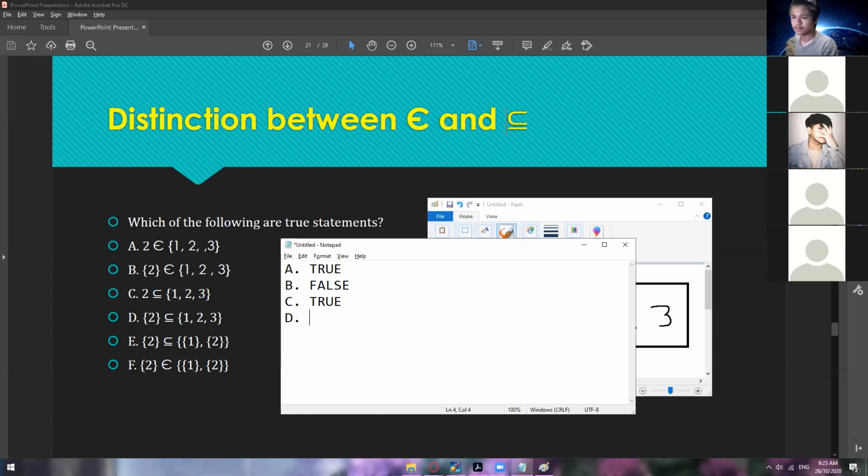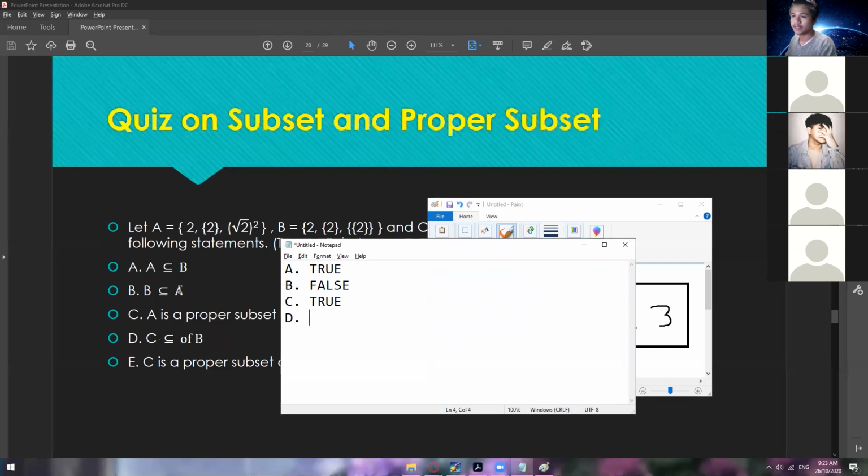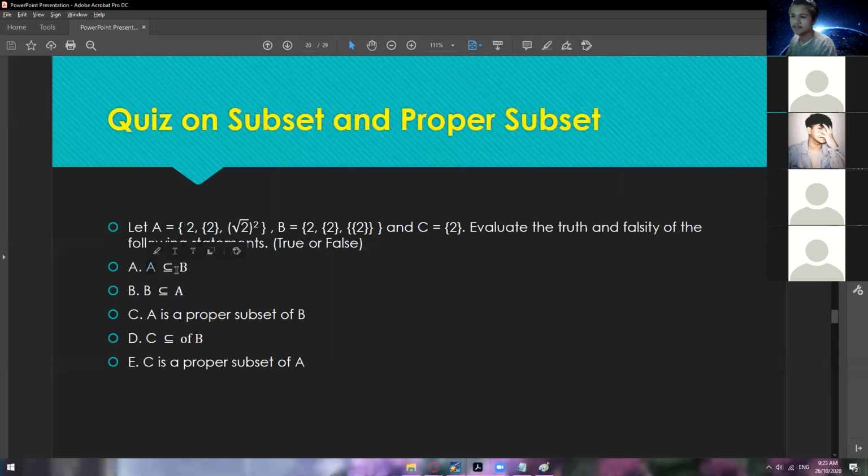False. So set 2, true na siya. Okay. So dapat kapag proper subset or subset, dapat set silang pareho. Kasi nga, yung pinagko-compare natin, kung maalala nyo to, A is a set and then B is also a set.